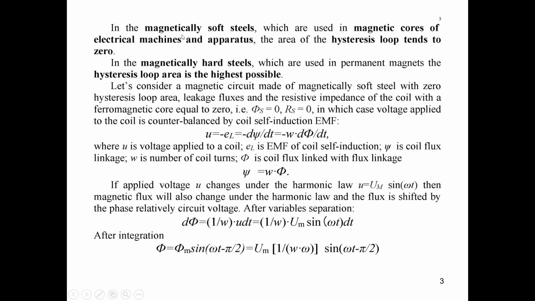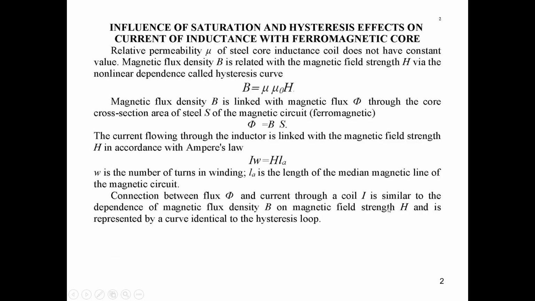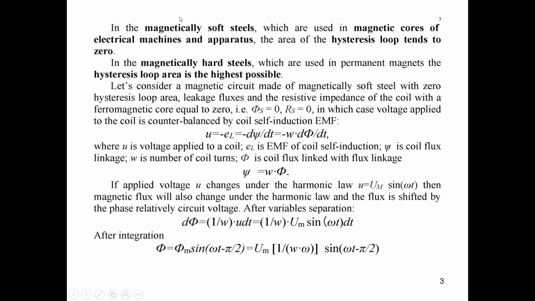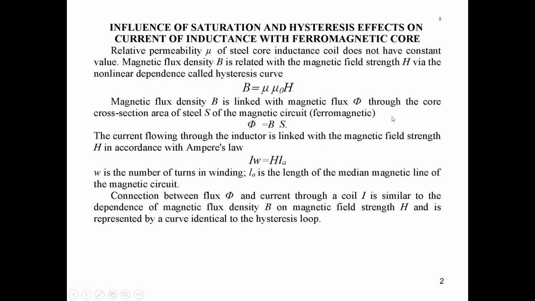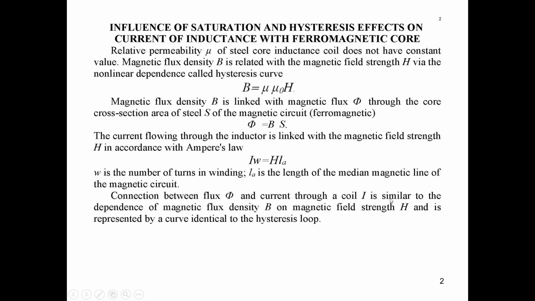In magnetically soft steels, which as a rule are used as magnetic cores of electric machines and apparatus to avoid these hysteresis losses, we will consider that this loop tends to a loop without hysteresis. We will not take this into account, as the width of this curve is relatively small. We will not consider these losses on hysteresis.